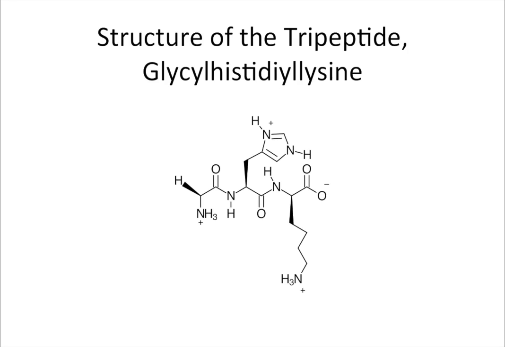Let's talk structural proteins. Structural proteins consist of things like collagen and elastin, which are found in the skin, specifically in the dermis. And then we also have things like keratins, which are found in the hair fiber and the nail structure.